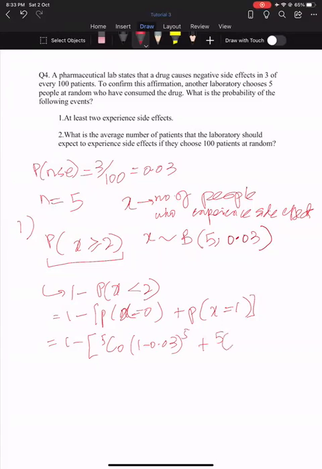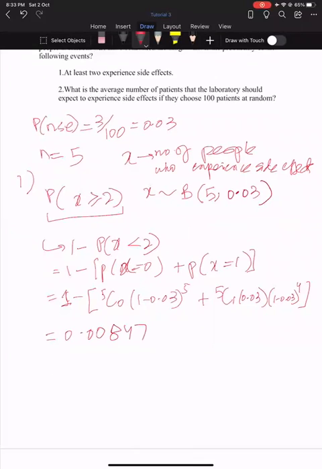Out of the 5 people, only 1 has negative side effects, so 0.03, and then (1 minus 0.03) to the power 4. And we'll plug this in. We will get 0.00847. This is the probability.